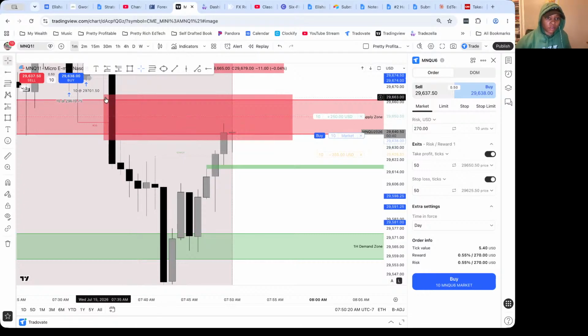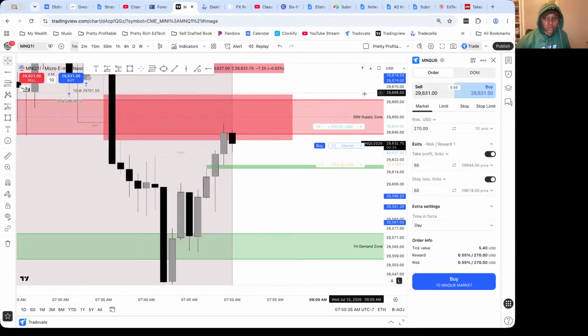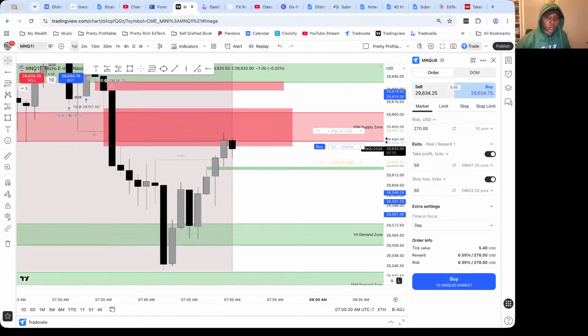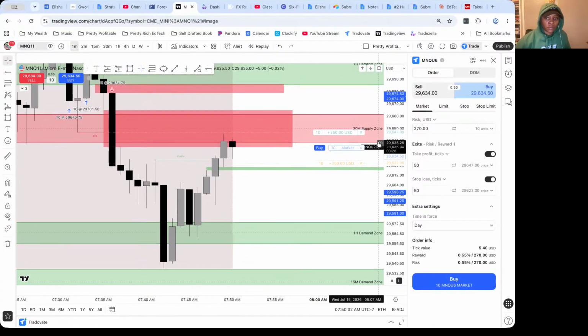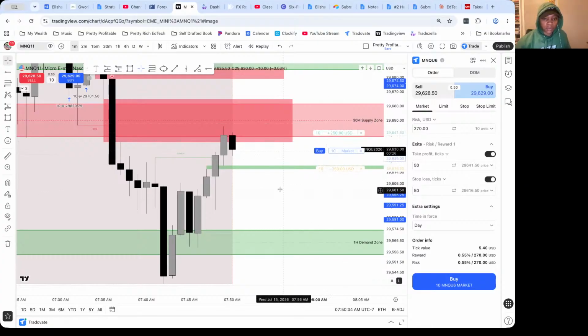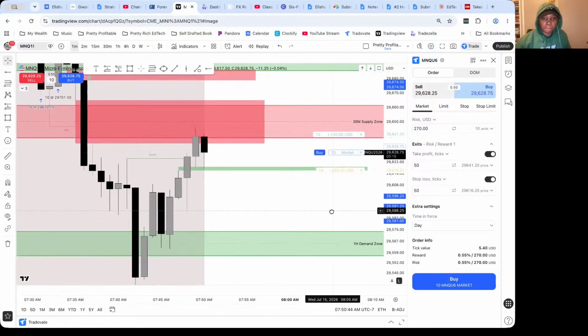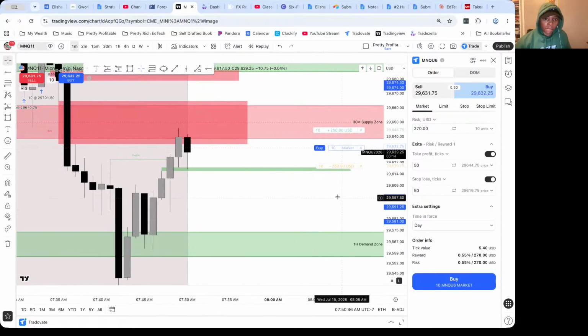This was newly formed. What are we seeing here?